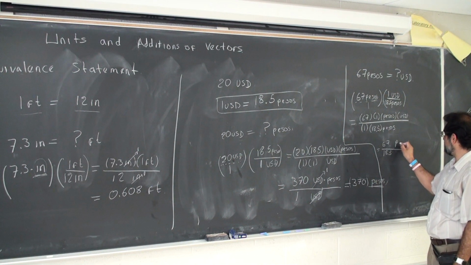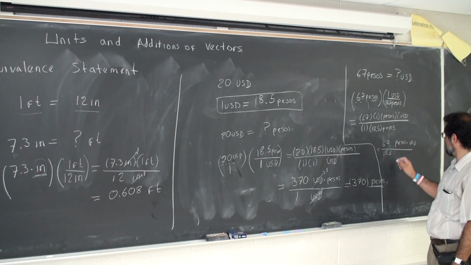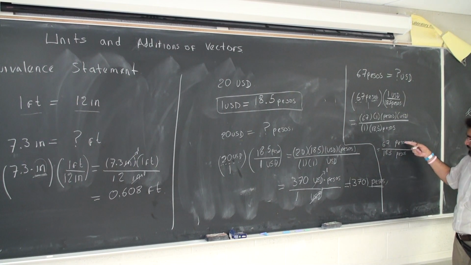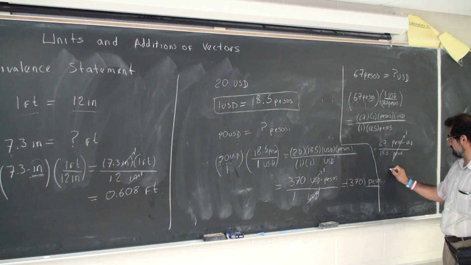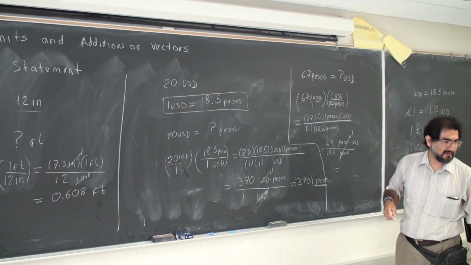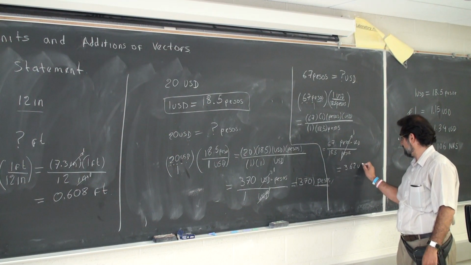I have my units, pesos times dollars and pesos. From here again, you can see pesos divided by pesos is going to be 1. 67 divided by 18.5 is 3.62.